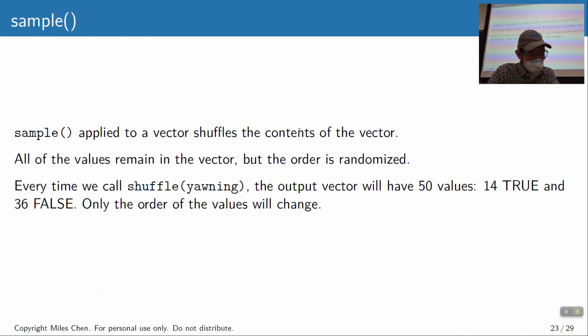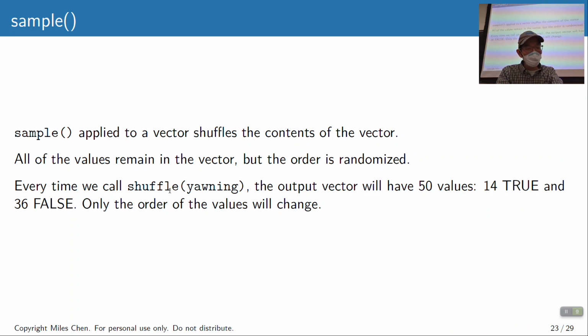Okay, so the way we're going to do the shuffling, because again, we're going to take these 50 people, shuffle them up, and put some into group A and some into group B, we're going to use the function sample. The function sample just takes a vector and shuffles it up, sampling without replacement, okay?